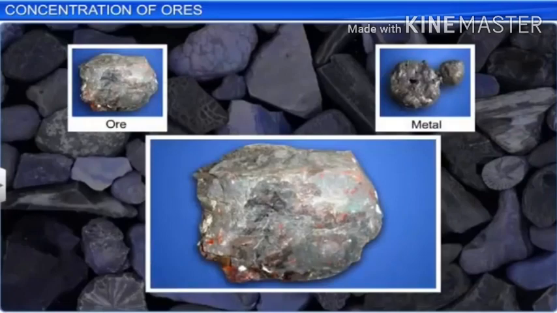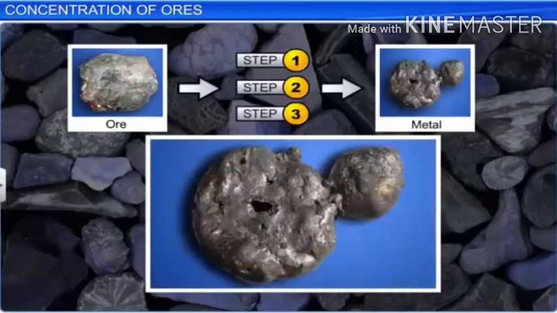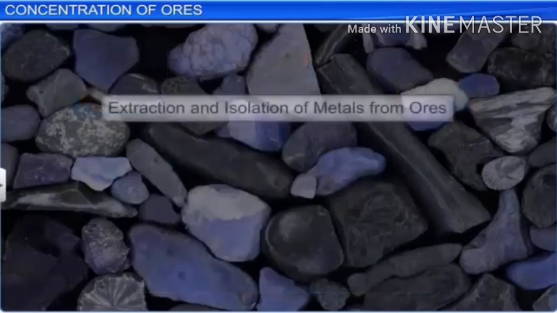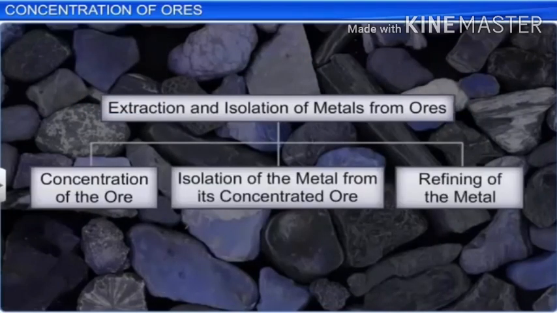Extraction of metal from its ore involves three steps. Step 1, concentration of the ore. Step 2, isolation of the metal from its concentrated ore. And the third step is refining of the metal.